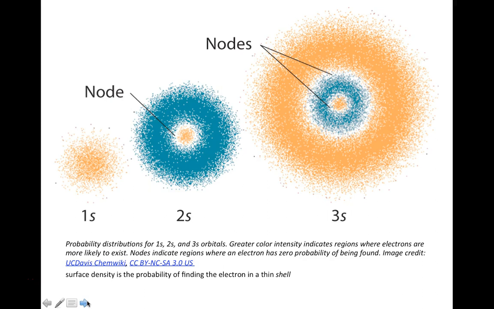Sometimes when we're working with them, we see that they have wave properties, and you can see with those different rings or different fuzzy areas of density how we might correlate that with different properties of a wave.